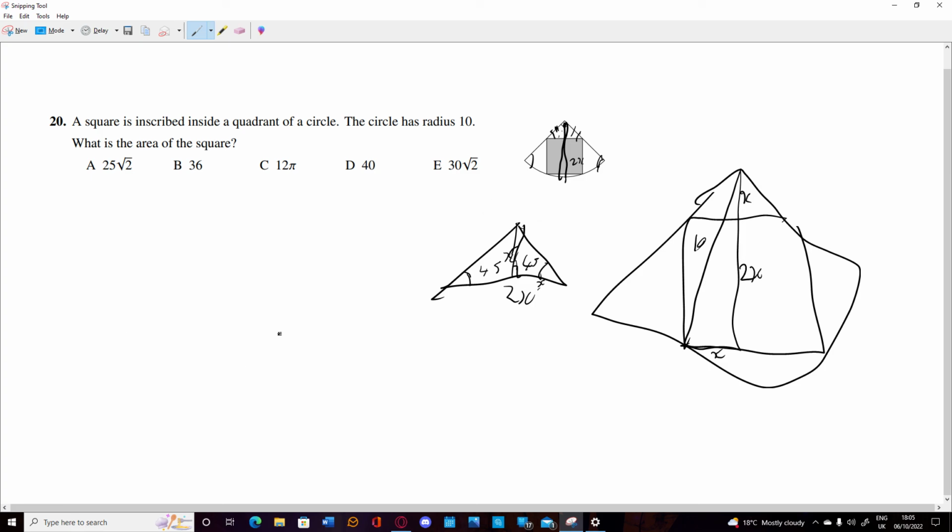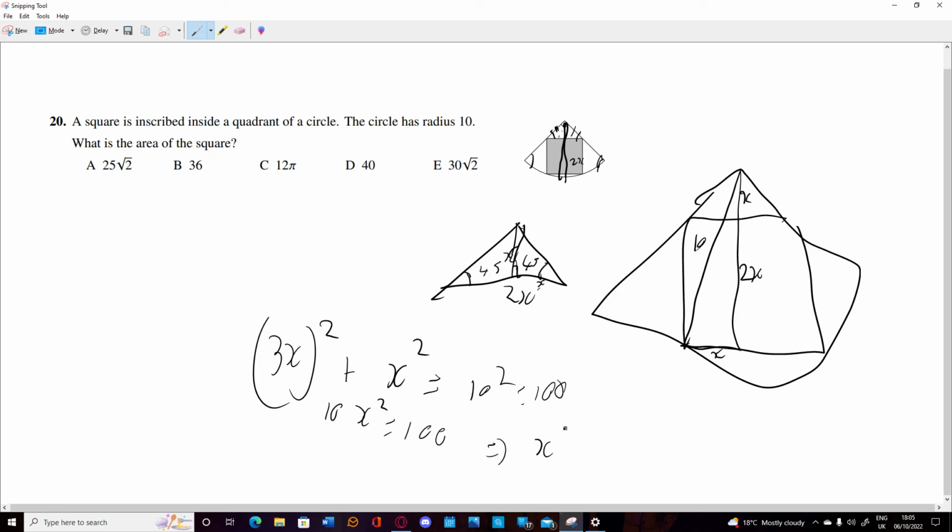So what we get is that 3x all squared add x squared is equal to 10 squared, which is equal to 100. And what we want is the area of the square, which is 4x squared, because we want 2x all squared, which is 4x squared. So we get 10x squared is equal to 100, which implies that x squared is equal to 10, which then implies that 4x squared is equal to 40, which is D.